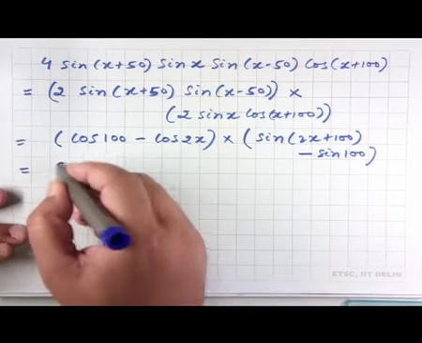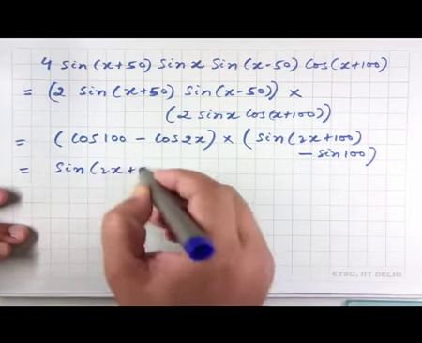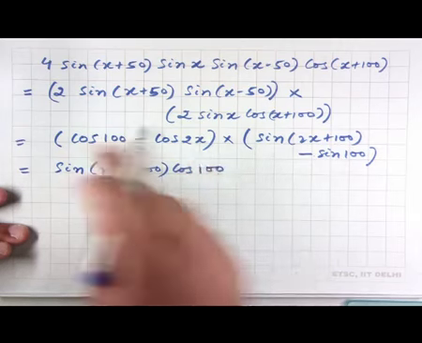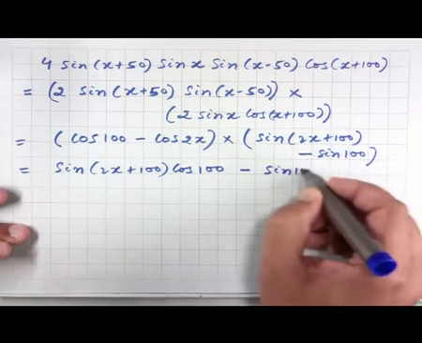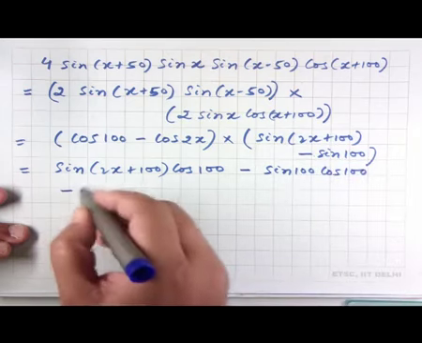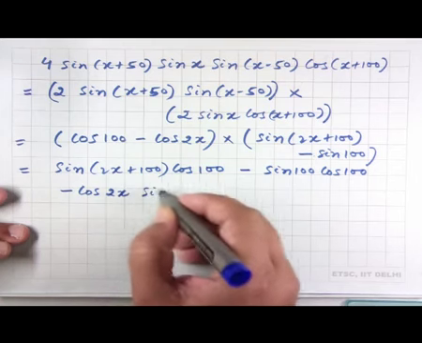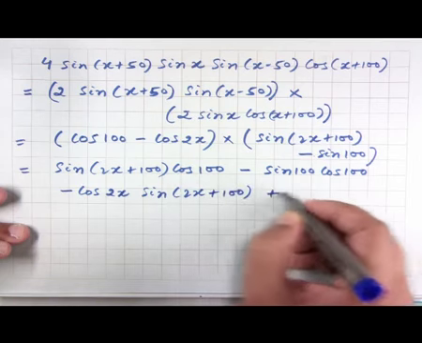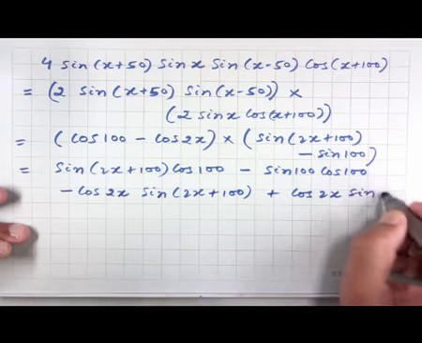We end up getting sine of 2x plus 100 times cos 100. So, this is this with this, minus sin 100 into cos 100, minus cos 2x sin 2x plus 100, plus cos 2x into sin 100.